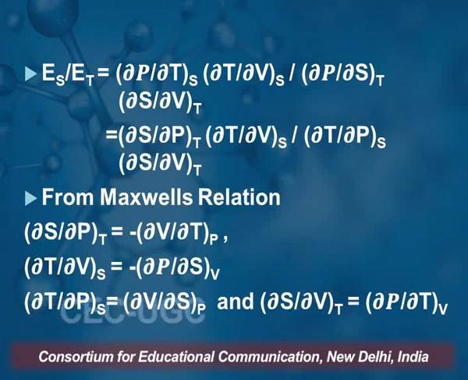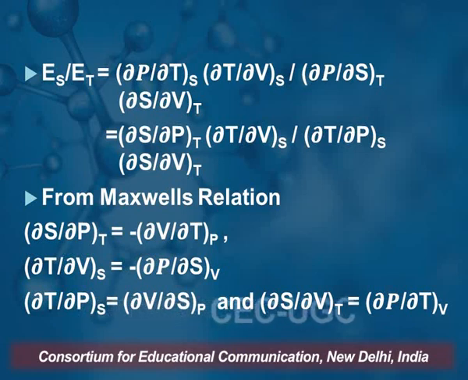Now what do we do? We manipulate the right hand side still further. We write the right hand side as delta S by delta P at constant T into delta T by delta V at constant S divided by delta T by delta P at constant S into delta S by delta V at constant T. So what have we done in this step?